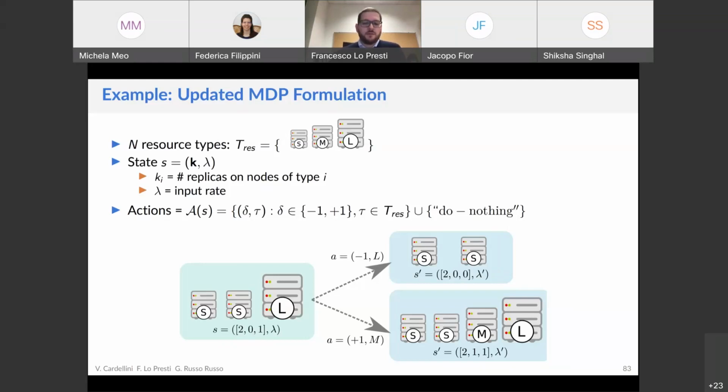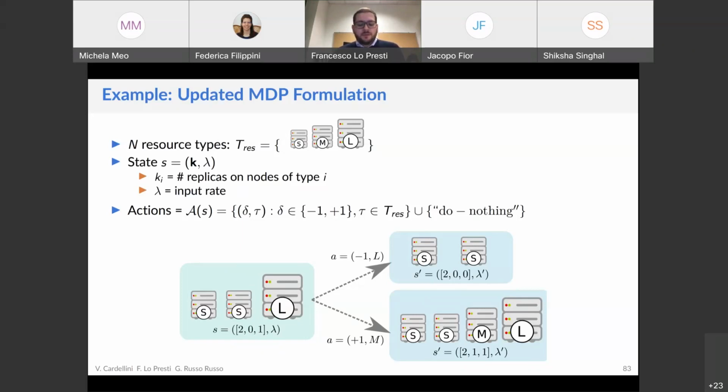Now we need to use a vector k where each component of this vector denotes the number of replicas that we have on a certain type of computing node. And then in the state, we also have lambda, as we had in the basic example, which denotes the application input rate, so the current workload.